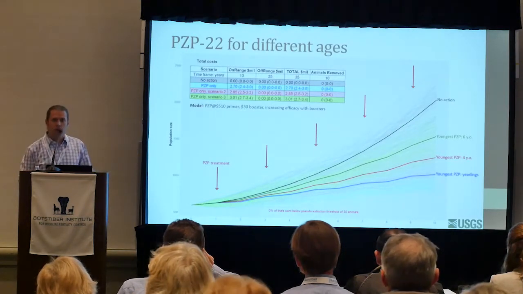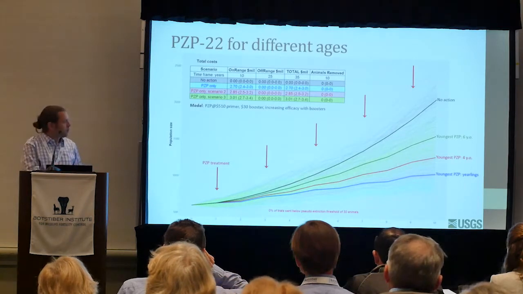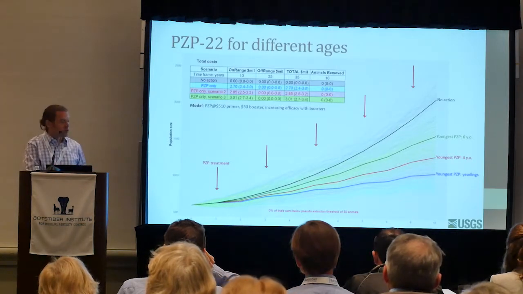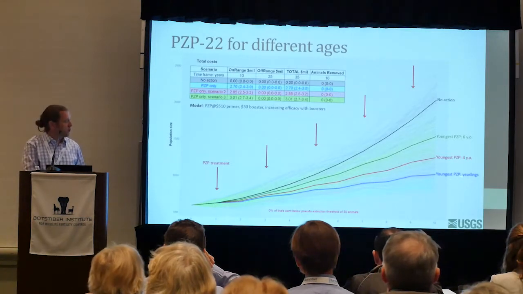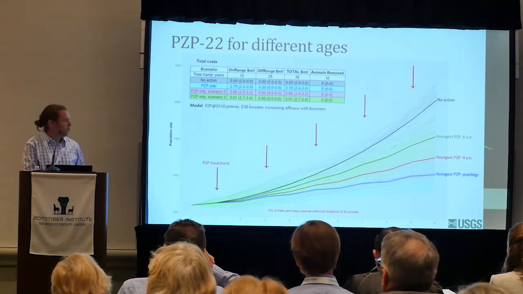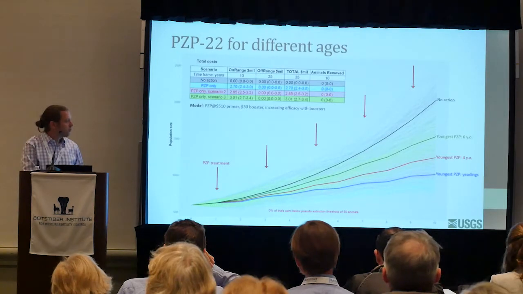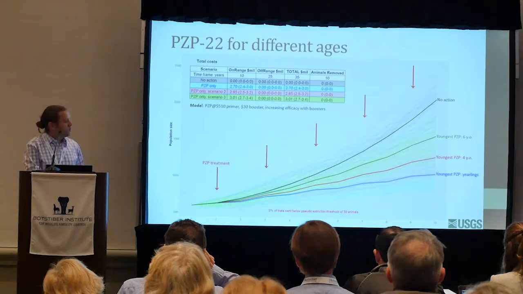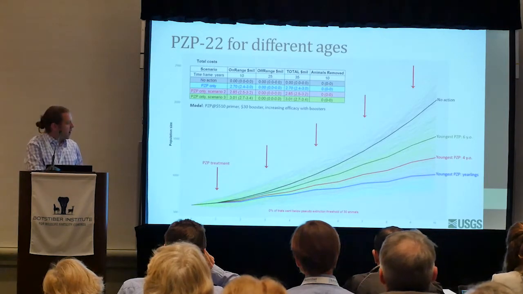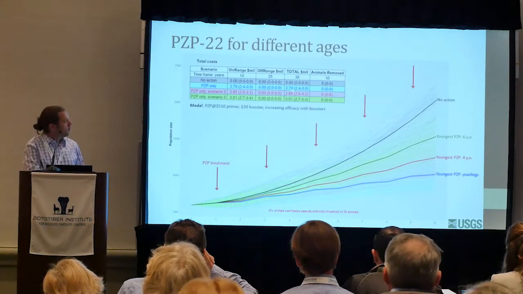And what you can see here is if you start with yearlings, the population is still growing, but it grows a lot slower than if I leave yearlings and some older age classes untreated. The really interesting thing here is that it's not only the best outcome, but it's the cheapest.